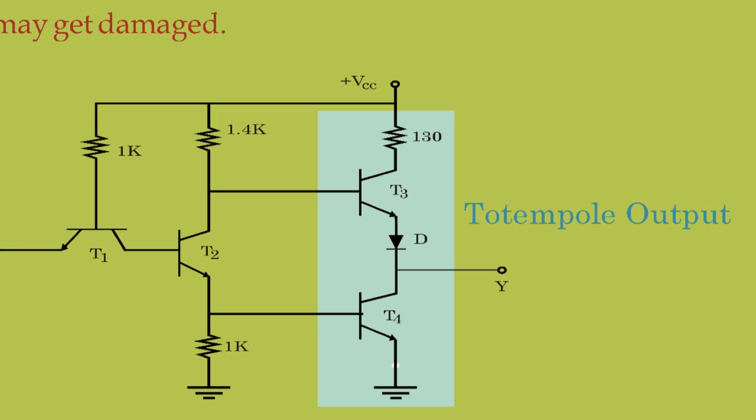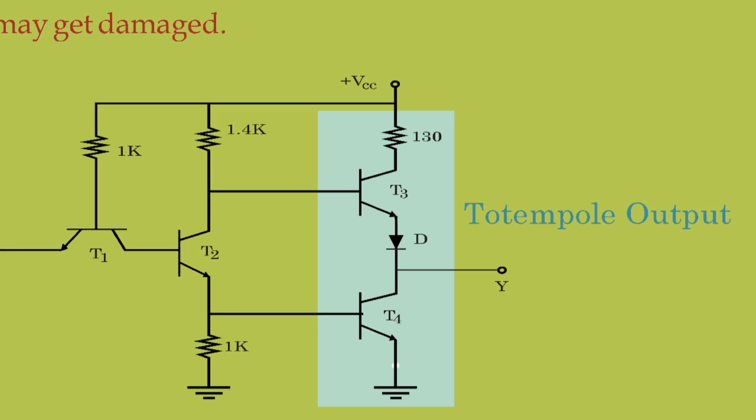The current from the power supply's positive VCC will first enter the resistor, then transistor T3, then diode D, and then transistor T4 and ground. This is the path of the current from power supply to ground at the output.